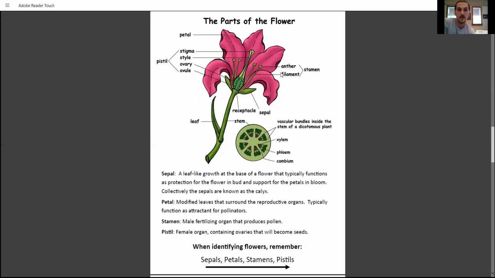All of these things were originally, way back in evolutionary time, leaves. They're leaves that in different ways have become specialized. The plant, the species over time has changed them and adapted them based off of just it working, it becoming beneficial to them in order to use them for different purposes.